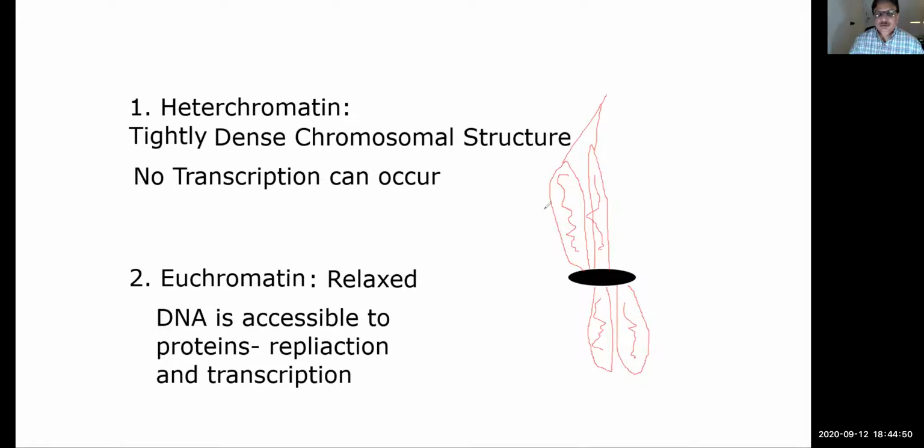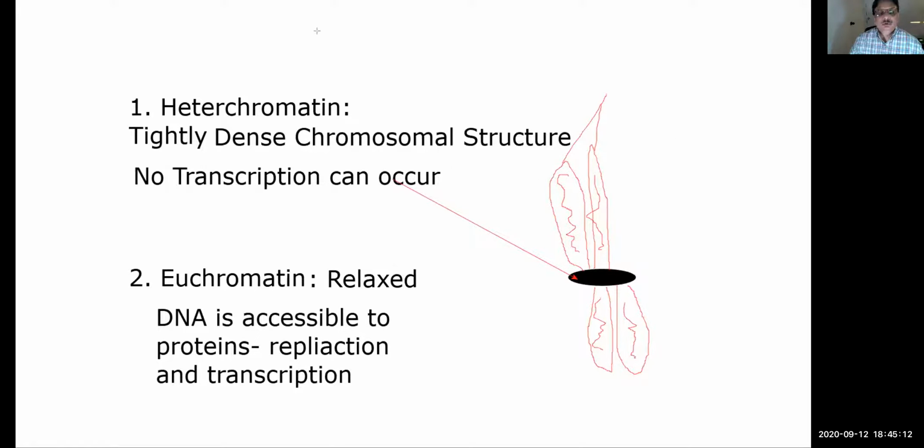Now, this centromere is a very tight structure. It doesn't participate in transcription, right? So this is a perfect example of heterochromatin.